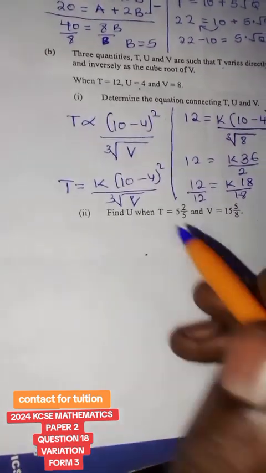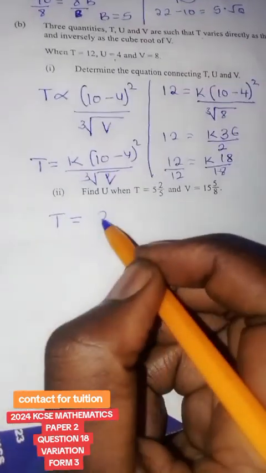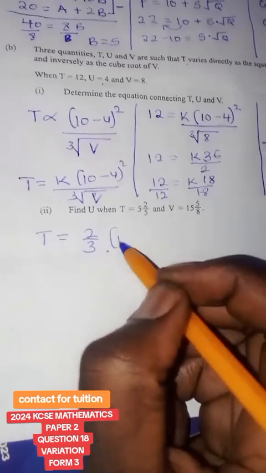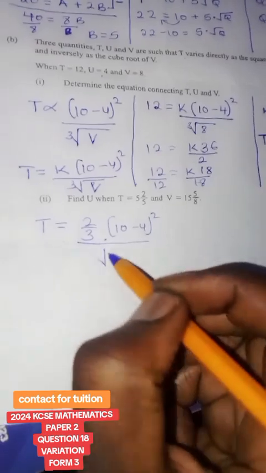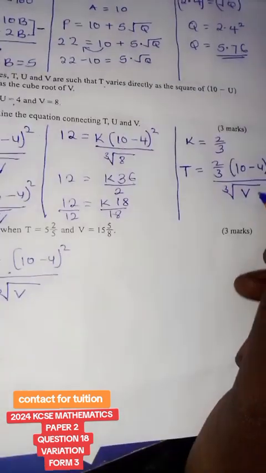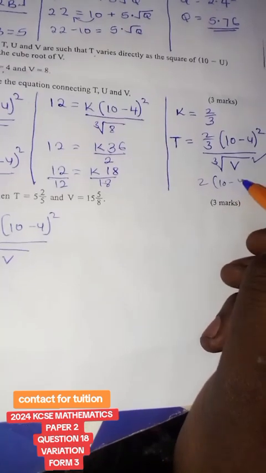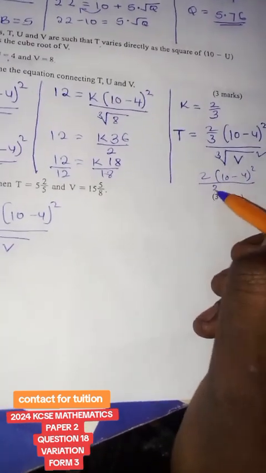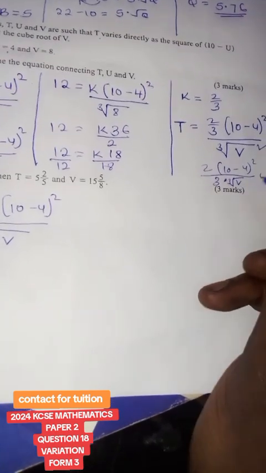Then you are asked to find the value of U. Remember, now you have the equation T is equal to 2 over 3 into 10 minus U squared over the cube root of V. Here also this can be marked as right, or you can say 2 into 10 minus U squared, if you have time to simplify, times the cube root of V, still correct.